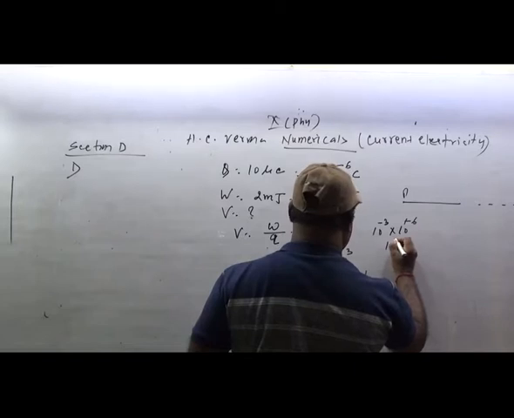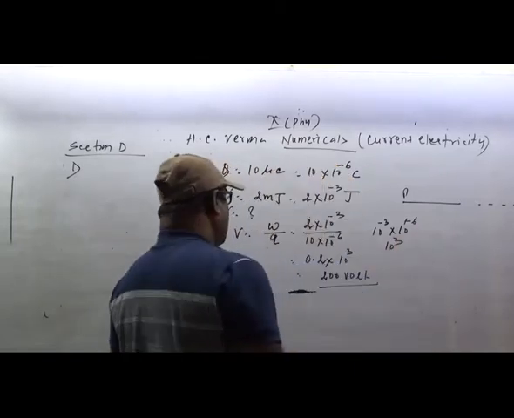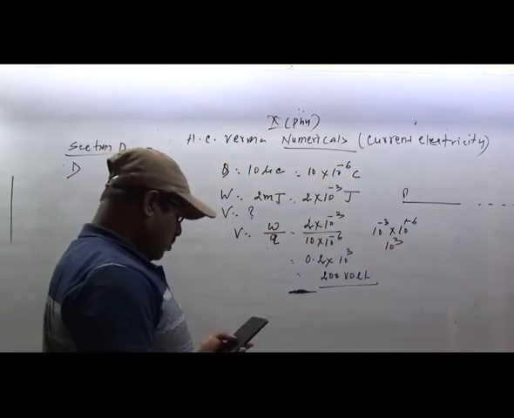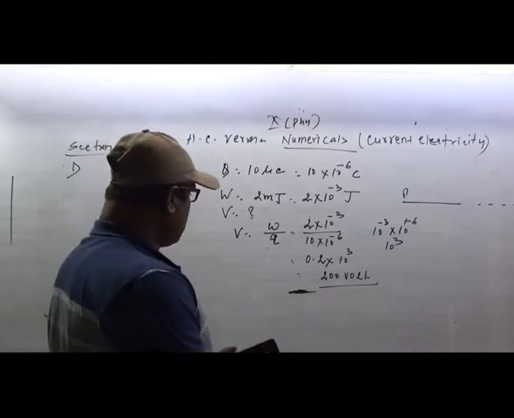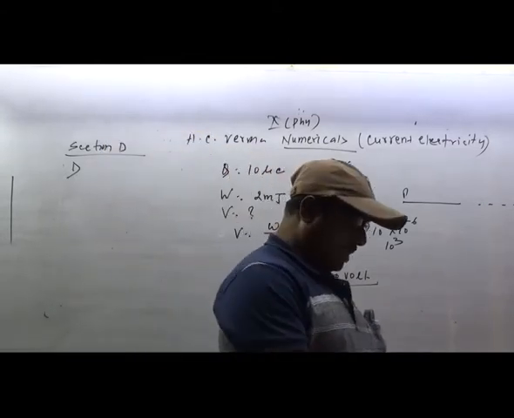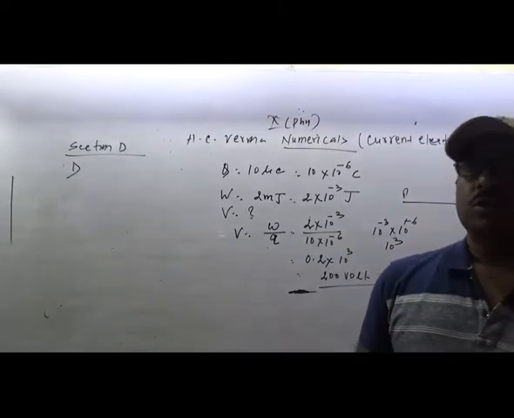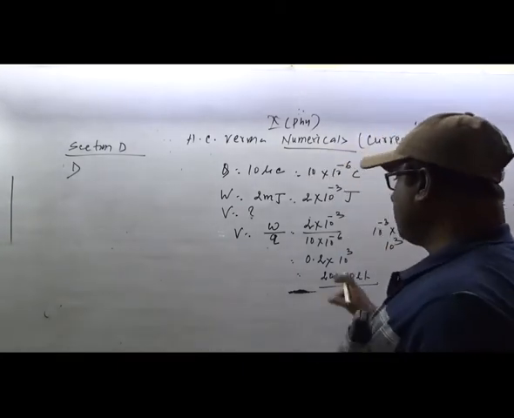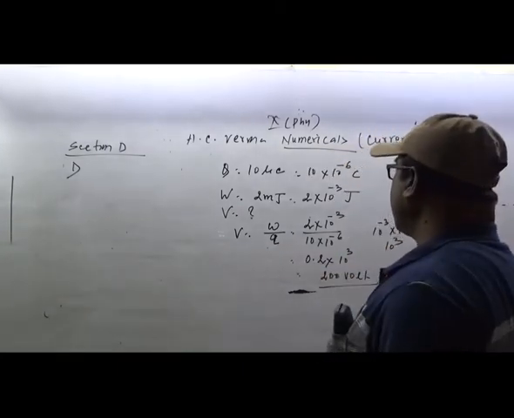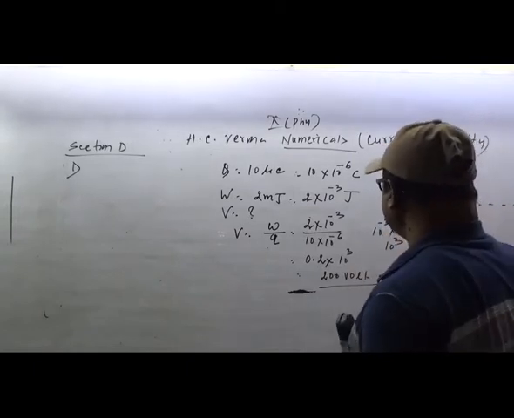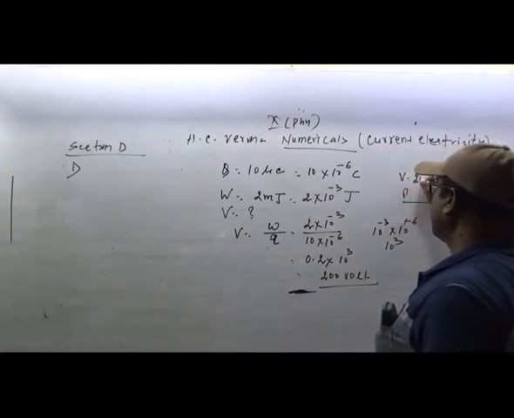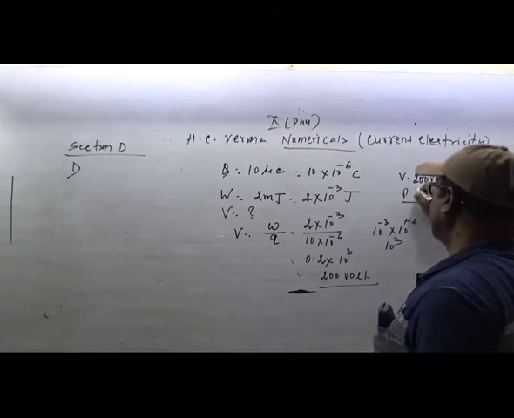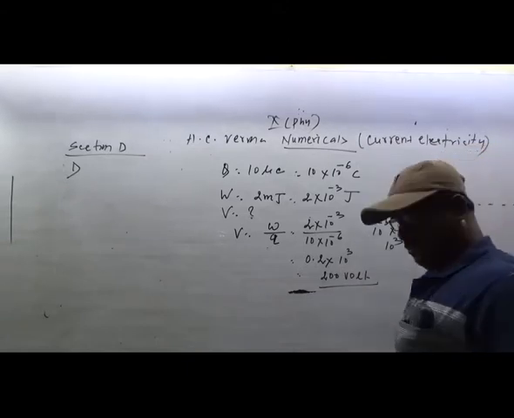So it is 10 to the power 3. What was the question? We have to find the potential at P. So at point P, the potential is 200 volt. So that was a simple question.